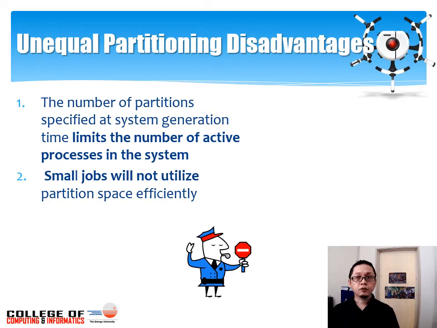And if you have a smaller process coming in, it will not fully utilize the space that is allocated for a big process. So wastage can still happen, and big active processes that cannot fit the partitions already allocated for small processes will constantly be blocked.